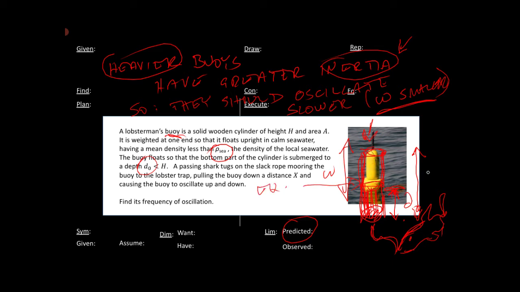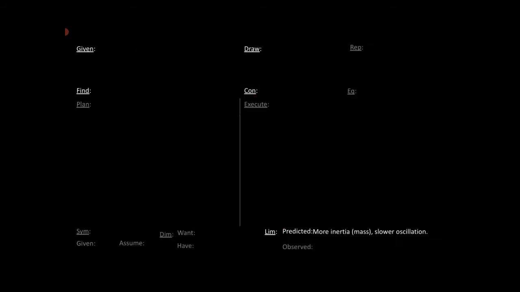Then we have a height h, and we have an amplitude of the oscillation x, and we also know the area of this thing here. So we haven't been given the mass, but we can sort of relate it to that D0 probably. So we'll have to think about that.